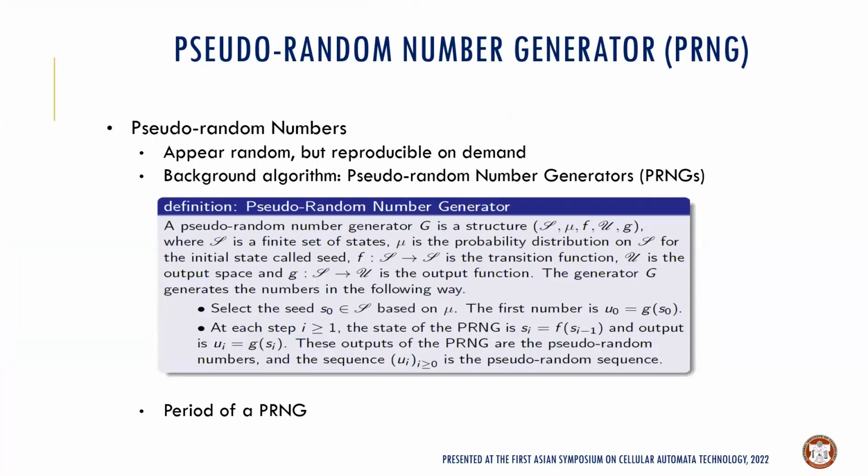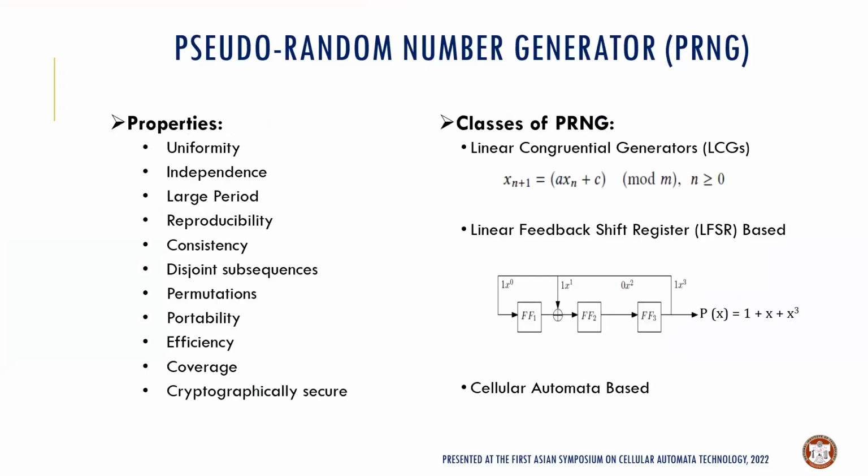A pseudo-random number generator is basically a source of numbers which appear random but can be reproducible on demand. This reproducibility comes from the background algorithm, which is called the pseudo-random number generator. The period of a PRNG is the number of steps after which the seed or the initial state of the PRNG comes back.